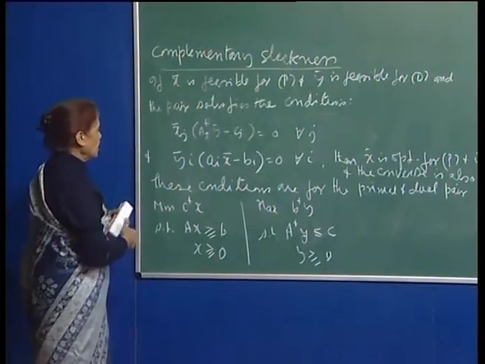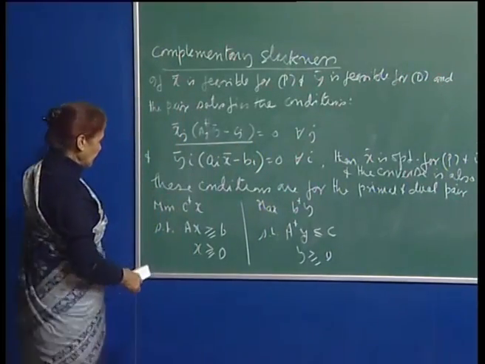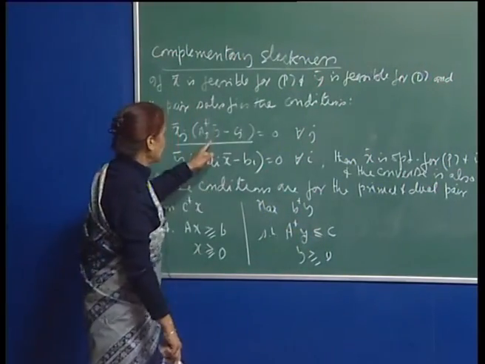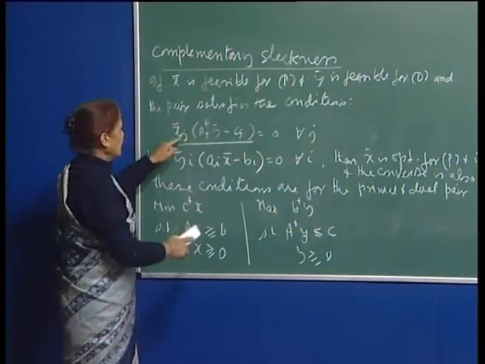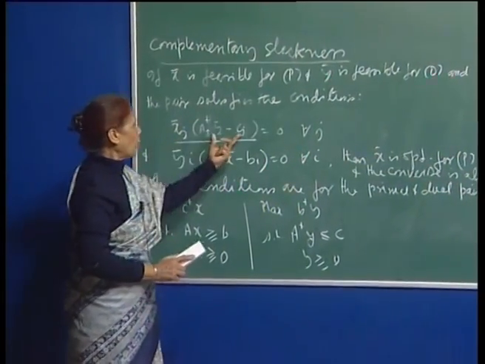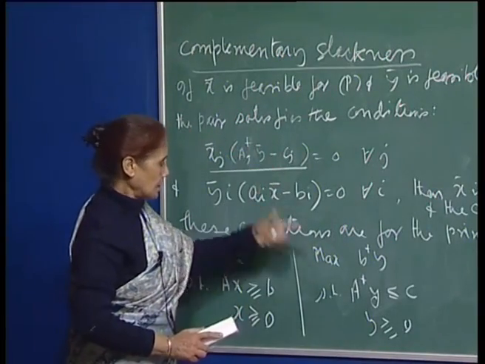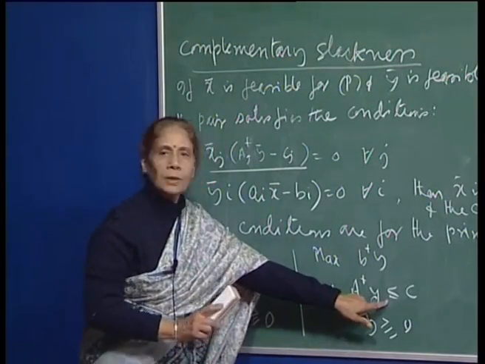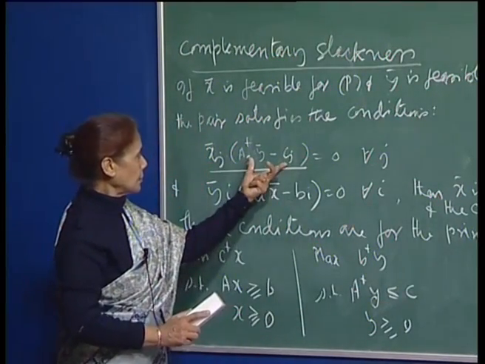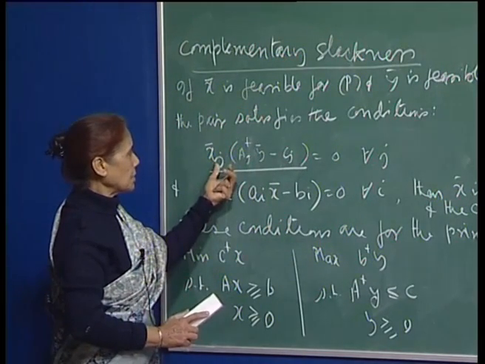Now, actually you can try to understand what that says. See, for example, just look at this. It says that, because the product is 0, at least one of the numbers has to be 0: either x bar j has to be 0 or this number has to be 0. So, in case the jth dual constraint is not satisfied as equality, then this is a negative number, and therefore, x bar j must be 0.